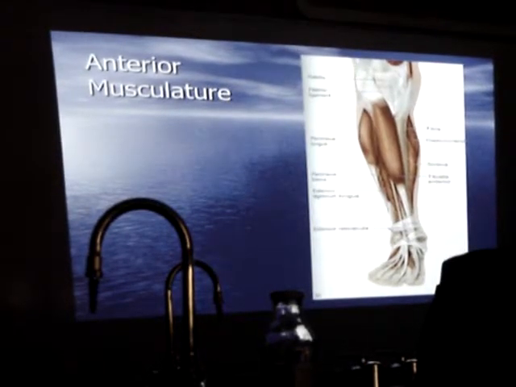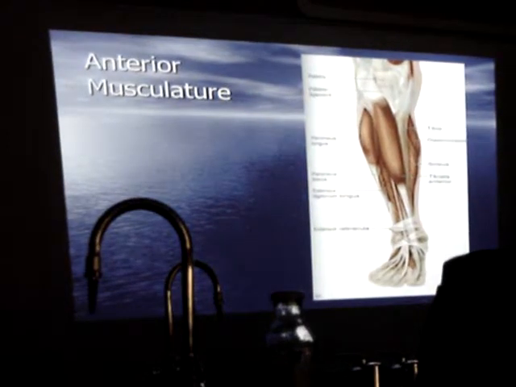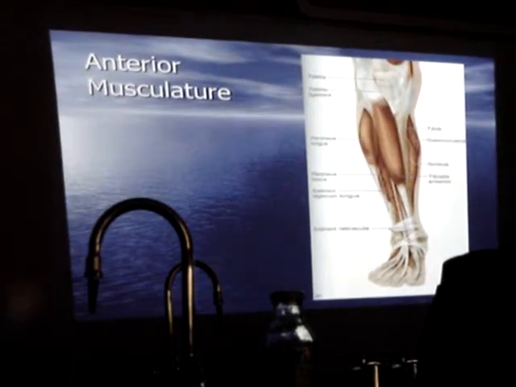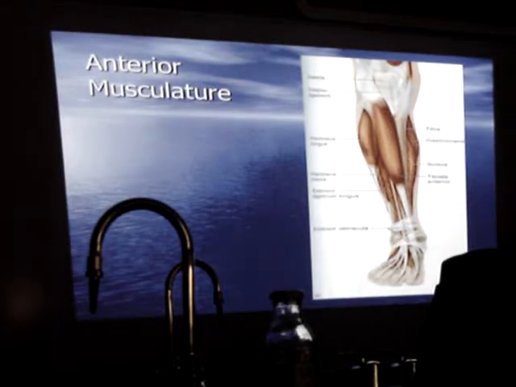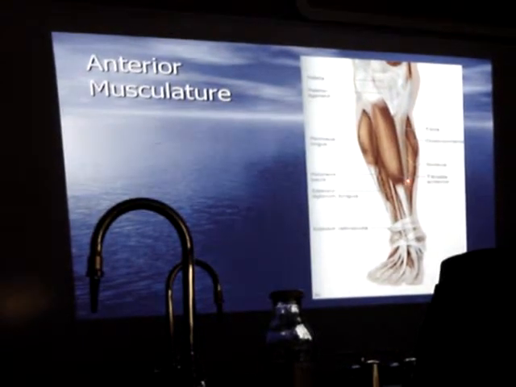Okay, so the musculature. You may not think that there are many muscles on your anterior shin, but there are. There are quite a few of them actually. So we have, of course, the tibia, which is very prominent, and you can palpate the tibia right in the medial part of your shin.